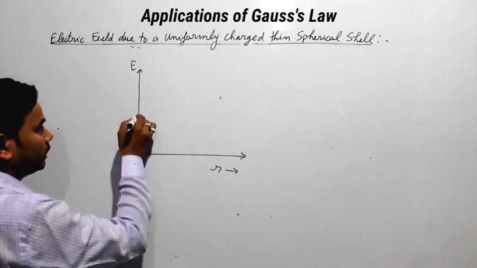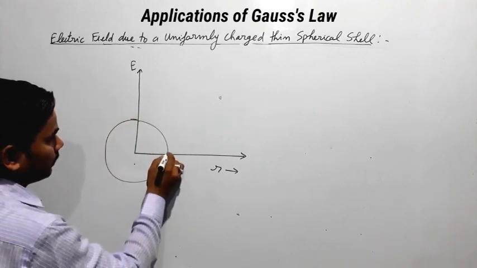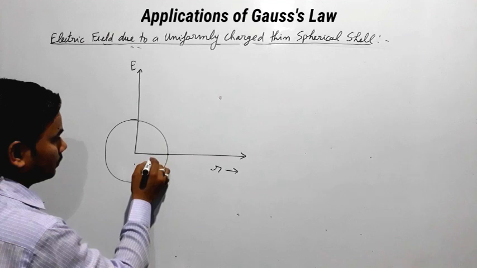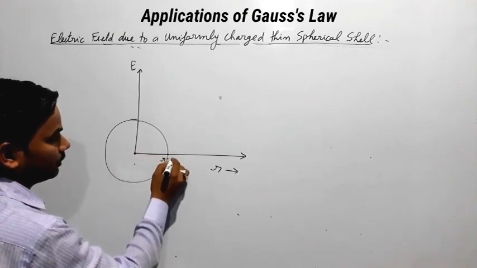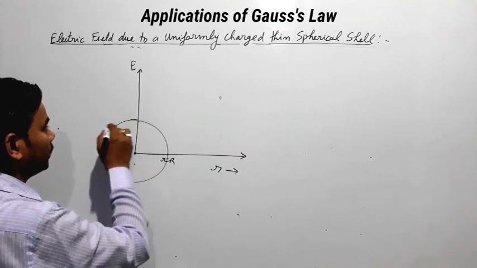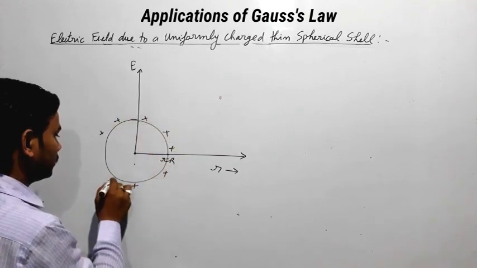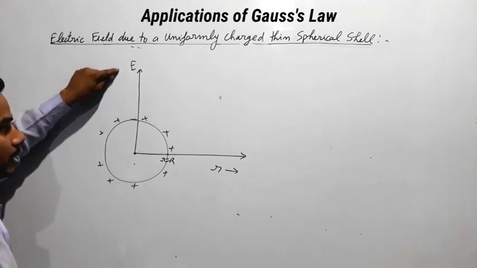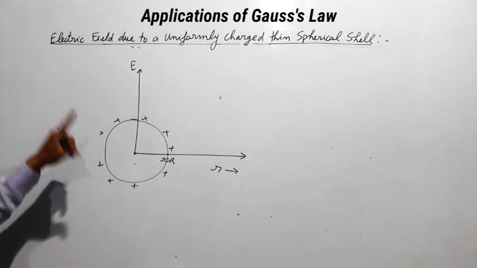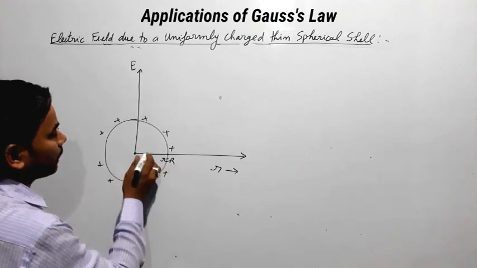Now we consider this is a spherical shell of radius capital R. So at this surface small r equals to capital R. Okay, and charge is distributed over this. So the net electric field at its surface is maximum and the electric field inside is 0.